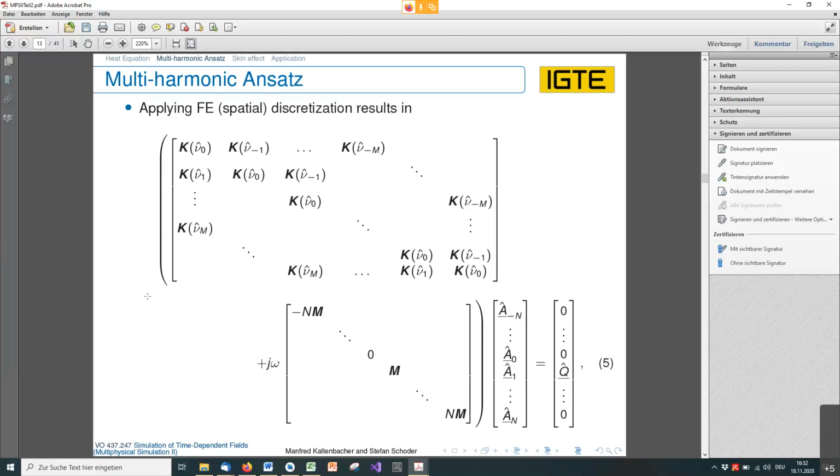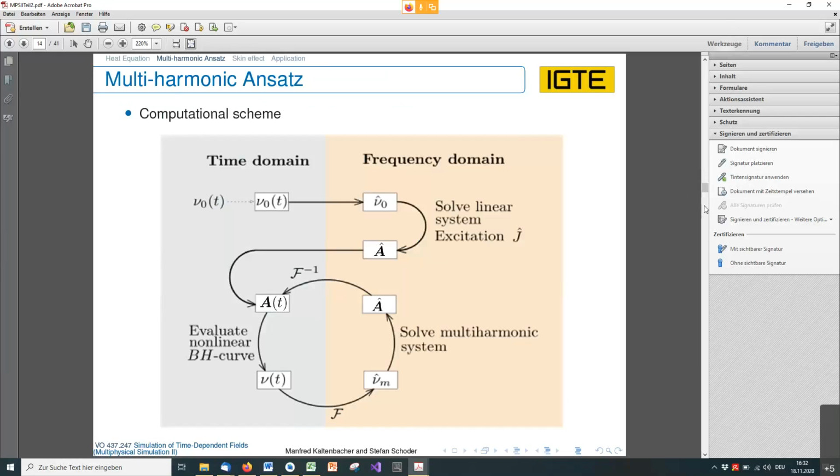So you don't need any iterations for the multi-harmonic ansatz, because on the next slide, at least the lower part looks to me like you still need an iteration in the solver algorithm. Yeah, iterations in a different sense.